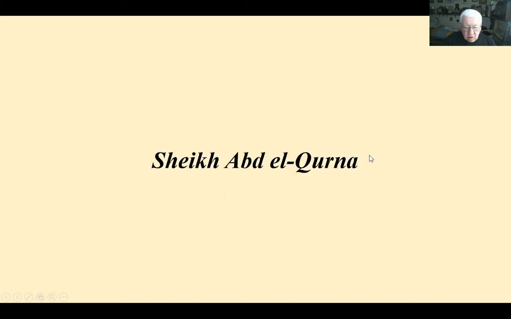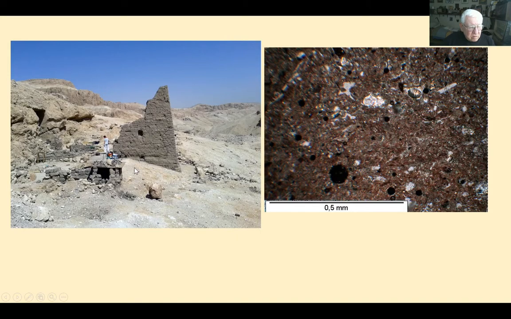Sheikh Abd el-Qurna: this is an excavation conducted by Dr. Tomasz Górecki from Warsaw. I was invited to help in geology. He worked mostly in the tomb. This is the entrance to tomb 1152, and in front of this tomb there was a construction made of dried bricks, and samples were taken from this construction.